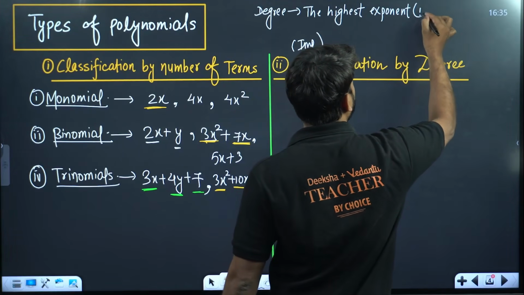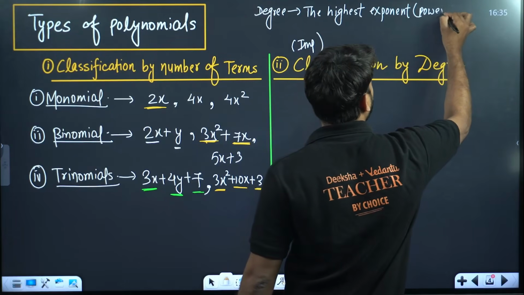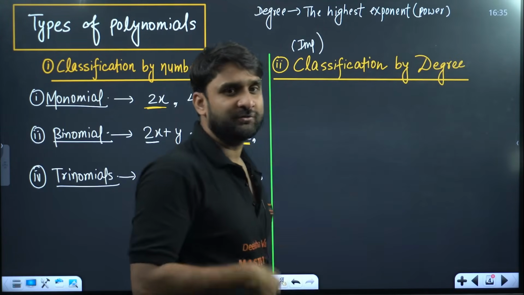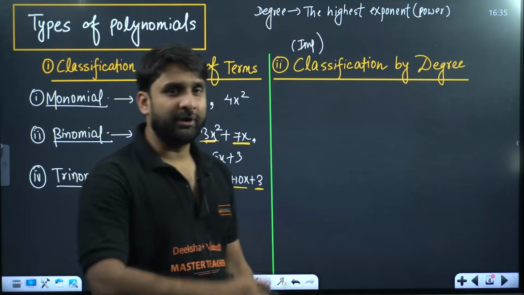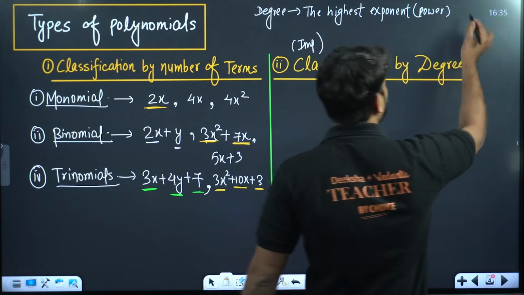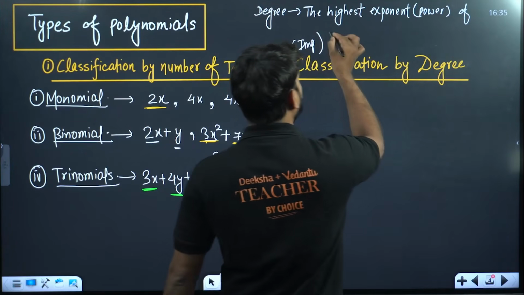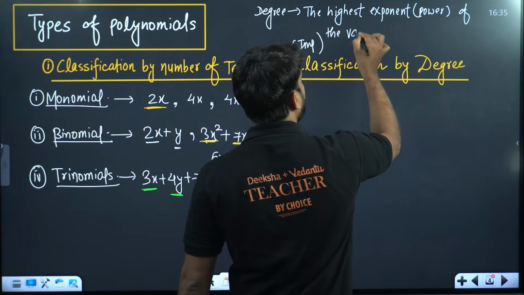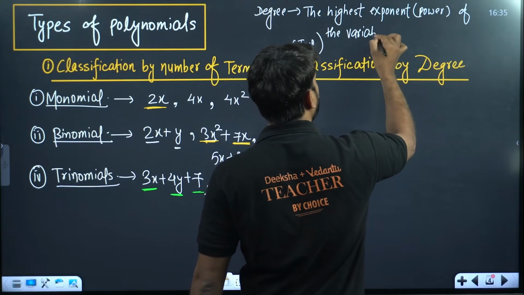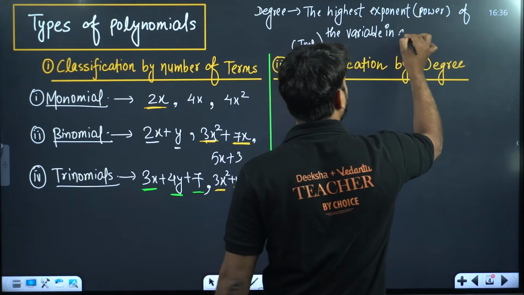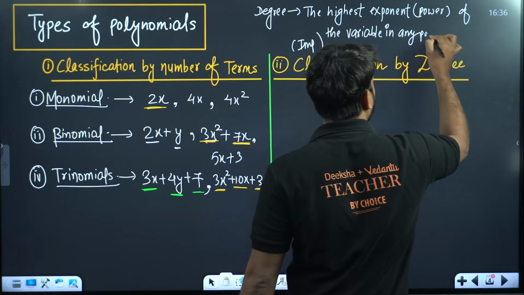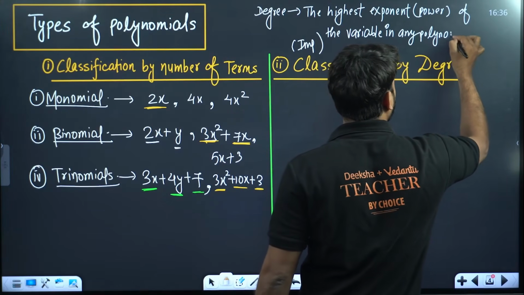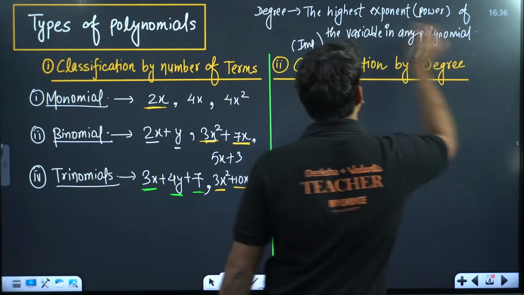In general we also say it as power, but in pure mathematics the term is exponent, so write both: the highest exponent or power of the variable in any polynomial. This is called degree.